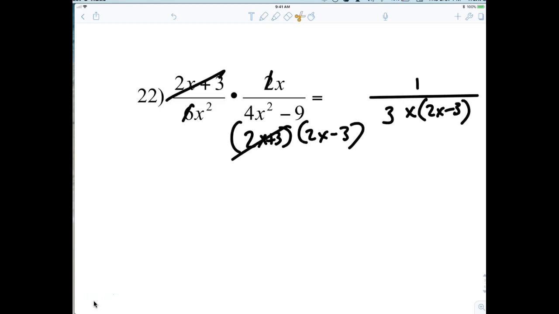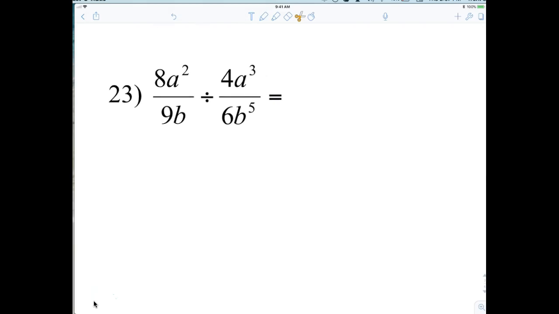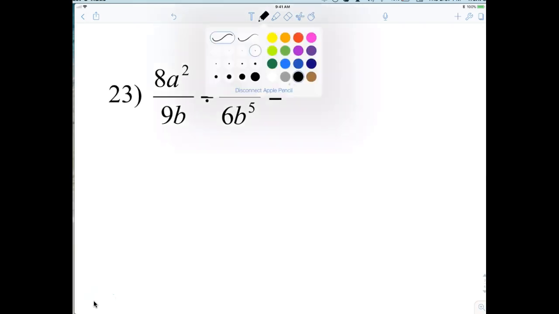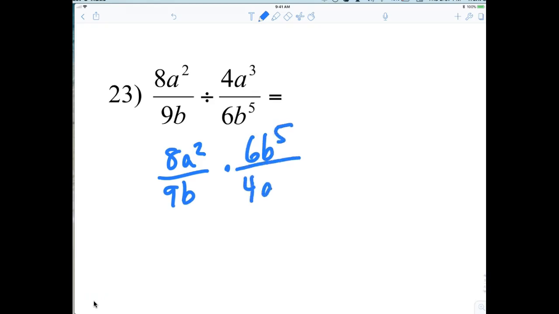All right. So let's take a look at 23 now. Oh, this one's the gross part because I have to do what? So again, it's just kind of annoying. So 8a squared over 9b times 6b to the 5th over 4a cubed.